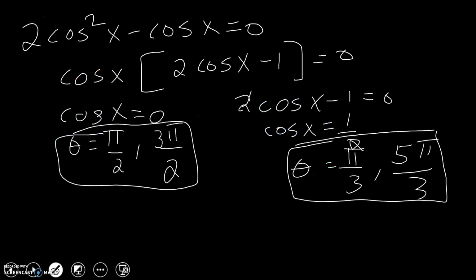Moving on. The next problem is going to be 4 cosine squared x over 2 equals 3. Now the first thing you need to do is to divide both sides by 4.